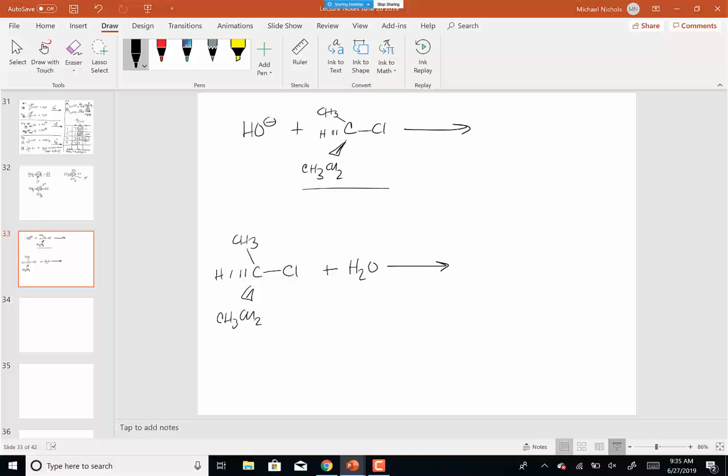No, what's going to happen is that basically that molecule is starting out like this. It has the nucleophile attached. And then after it's done, well actually no, sorry, it's starting this way.